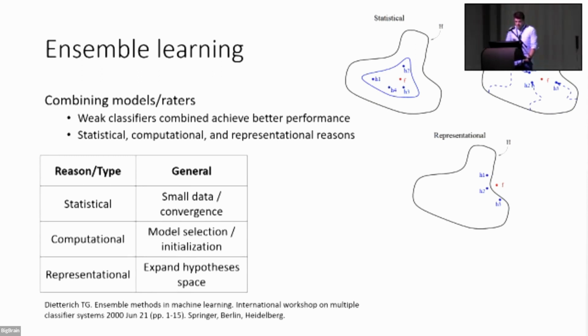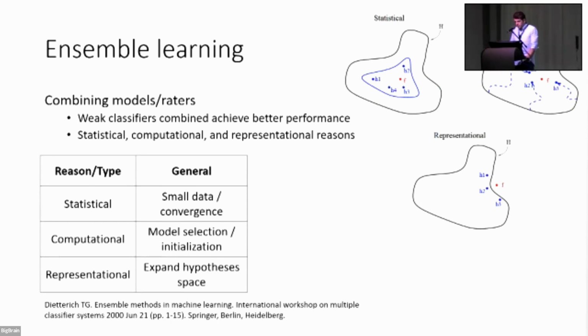Right? The second one is computational, and it's with regard to model selection or initialization. Like, where do we start from, and which model do we choose, like the input parameters and so on. Also, combining those removes the possibility of choosing the wrong final hypothesis.